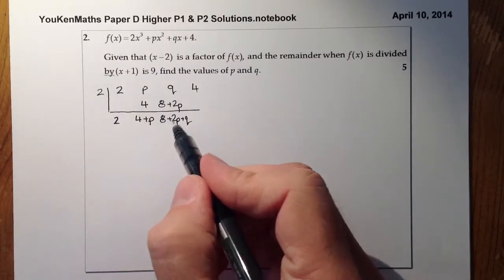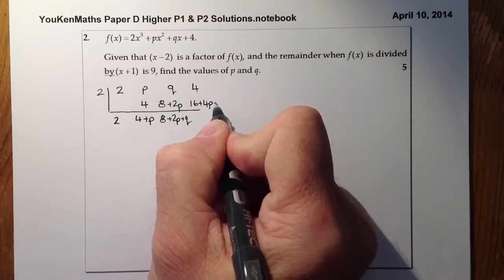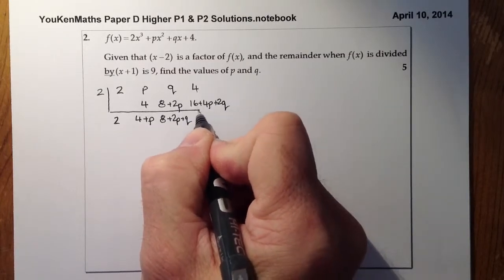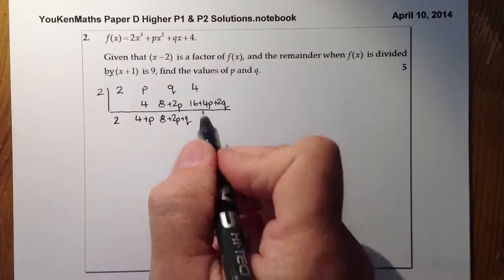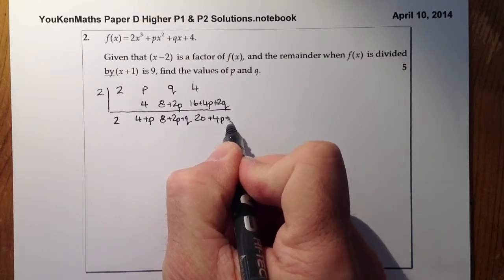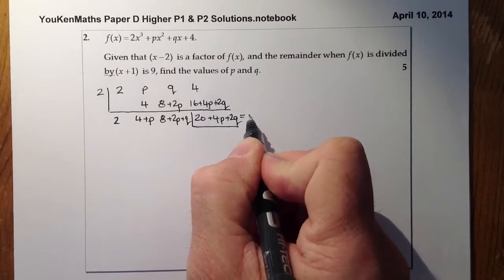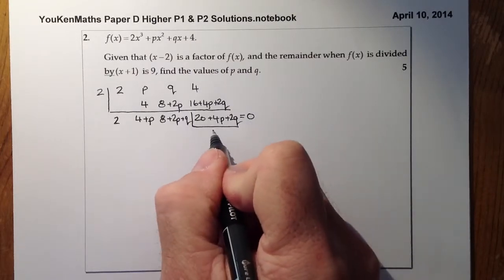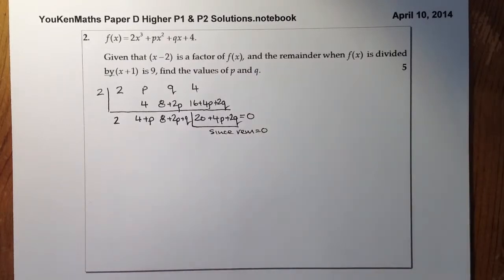Then multiply again by the 2, that gives me 16 plus 4p plus 2q, and then I gather this all up together. So the 4 and the 16 give me 20 plus 4p plus 2q, and that all equals 0. And remember that's since the remainder equals 0 on that one.